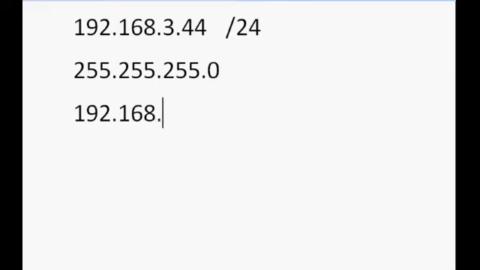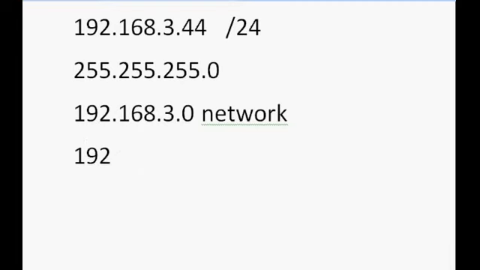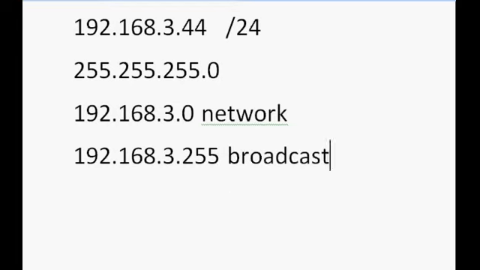This is the network number. The broadcast number is the last number in the network. The network number is the first number in the network. So 192.168.3.0 is the first number in the network, and the broadcast is the last number in this network.